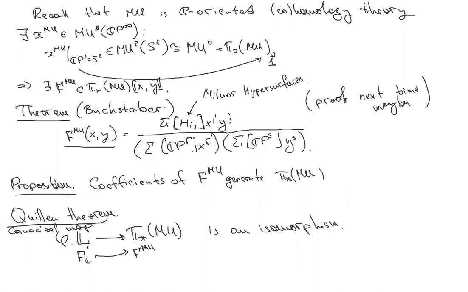Okay, Vanya, is it clear how to deduce what it says in the proposition and then Quillen's theorem from all the other theorems we've seen today? It's clear. Well, okay, Semyon says it's clear as well.